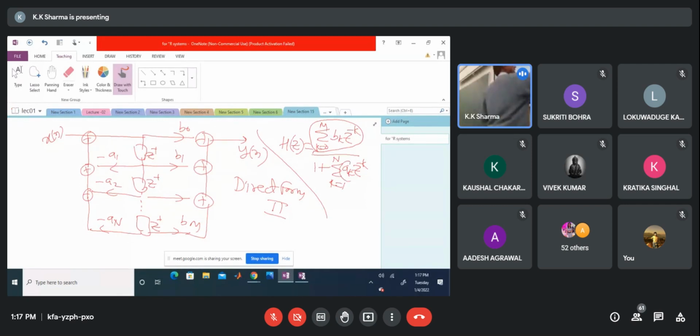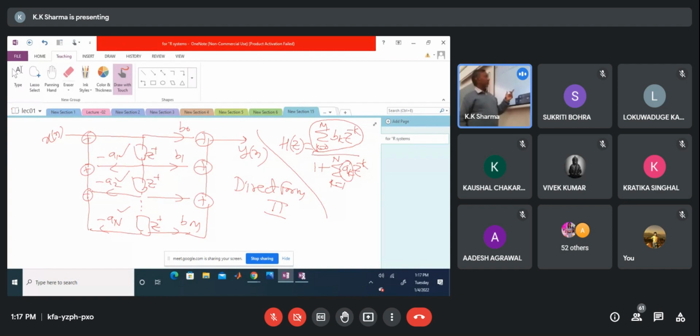Whatever the values of a_k are, they are directly appearing here. So if you are given this H(z), you can directly plot these direct form 1 as well as direct form 2 structures.